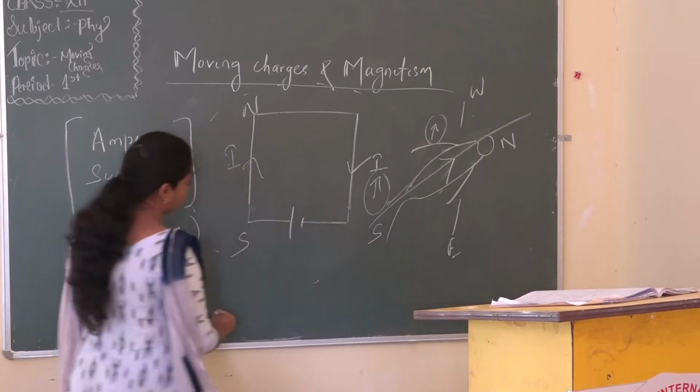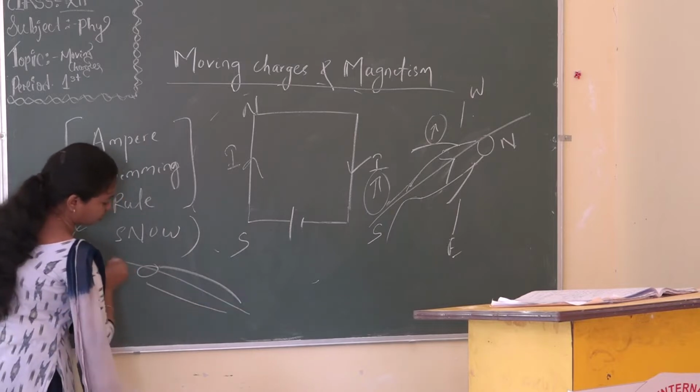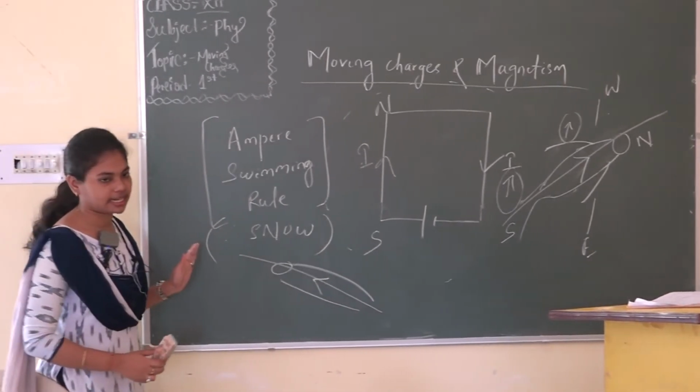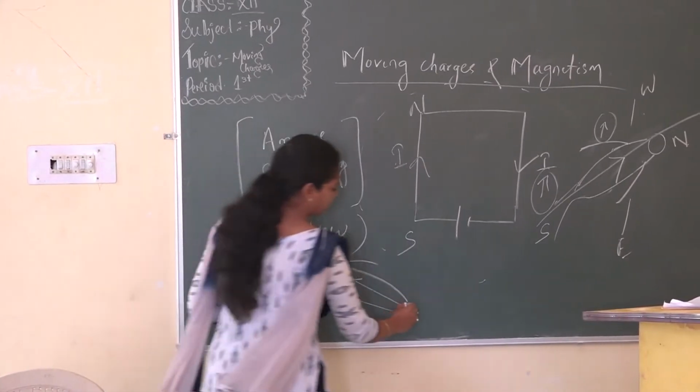Suppose the man is swimming in that direction, and the current carrying wire is present in that direction. Then what happens?